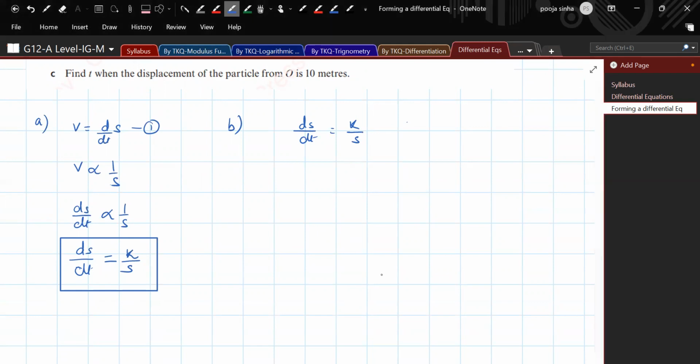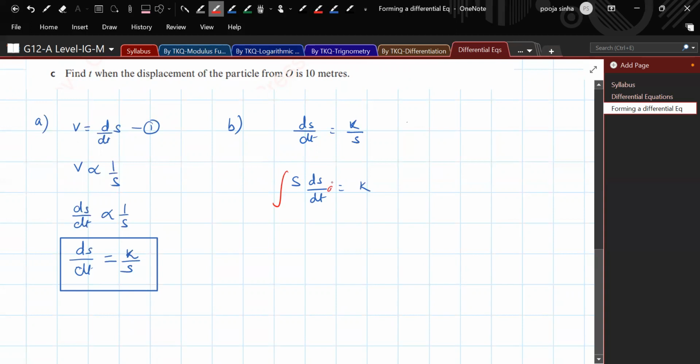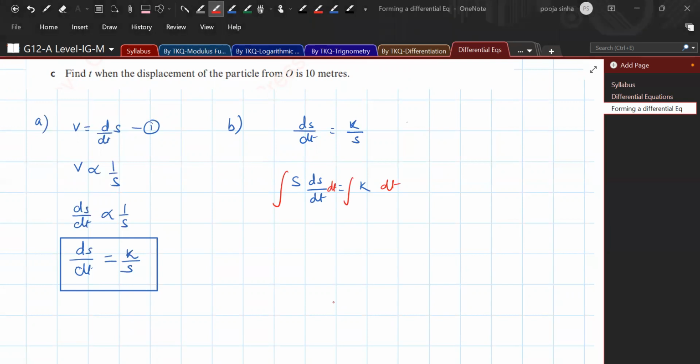So separating the variables would mean what? s ds by dt, we bring s to this side, leave k here, and then we integrate. When we integrate, we integrate here and put dt here. Correct? After integration, what do we get? What got cancelled here?